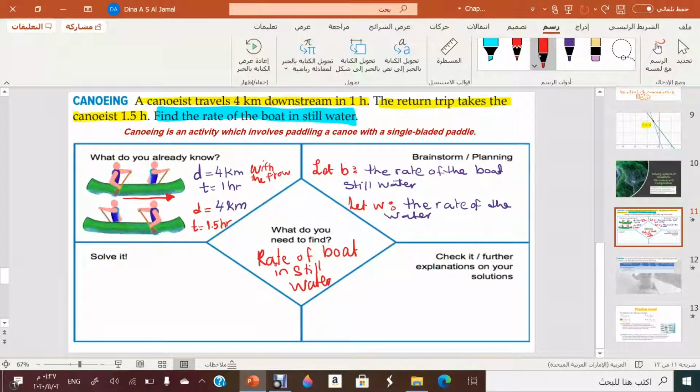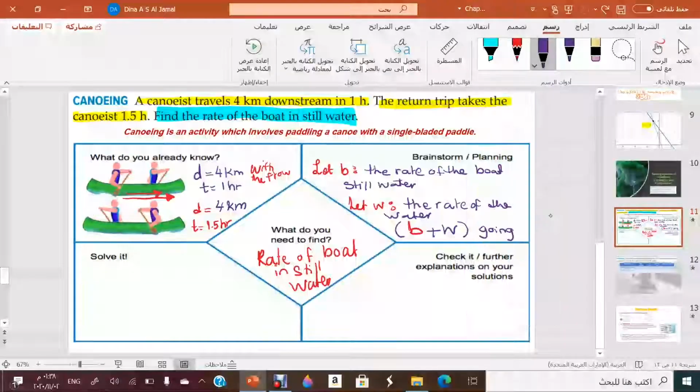That means your rate is not only about the boat, it is the boat plus the rate of the water. So this is when you are going. Your rate of the boat and the water will have the same direction.